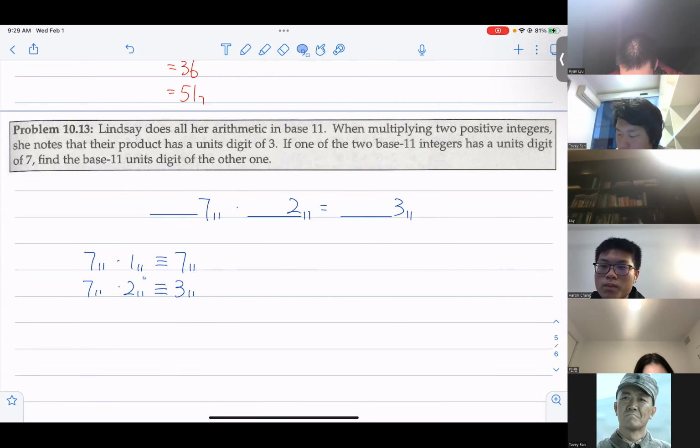14 在 base 11 里面有一个 11，还有 3 个 1 嘛。OK, and then we'll keep trying, see if we have any other answer. So 7 times 3, that's 21. In base 11, there's a 1 in it, and there's a 10 in it, right, so A. 7 times 4.